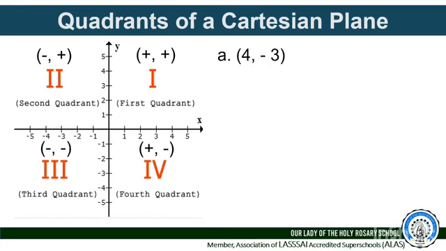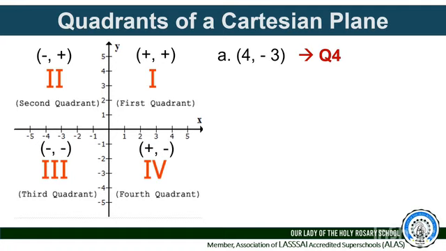For example, we have (4, -3). In what quadrant does it belong? Since the value of x is positive and the value of y is negative, then therefore, the quadrant we're looking for is the fourth quadrant.